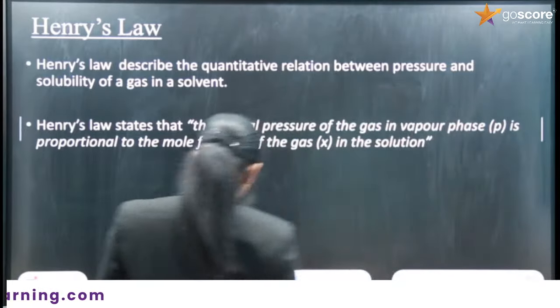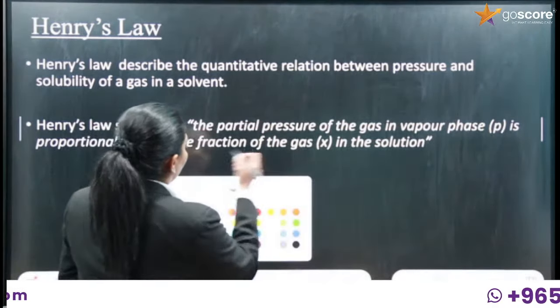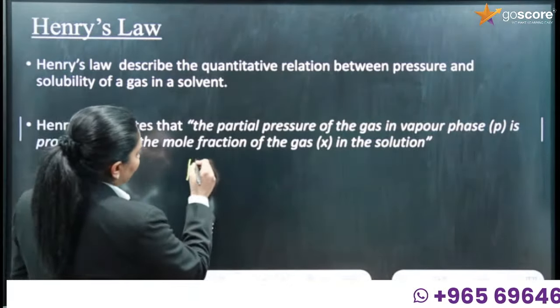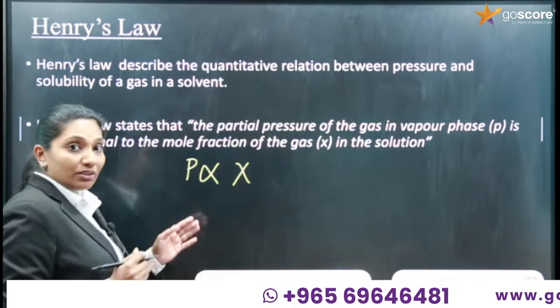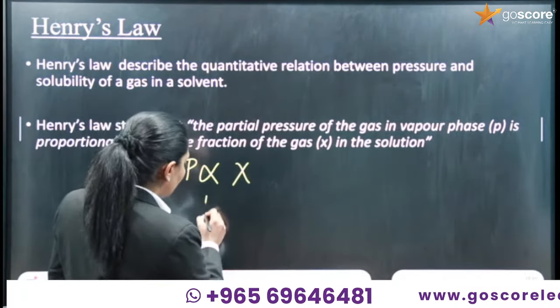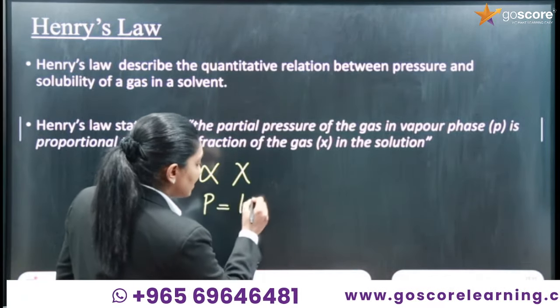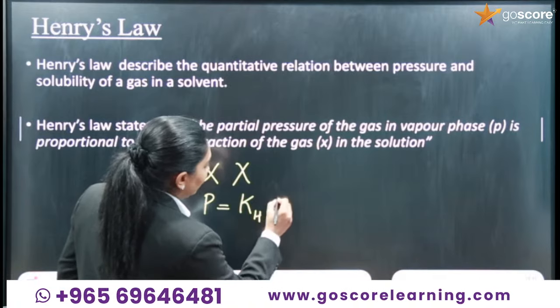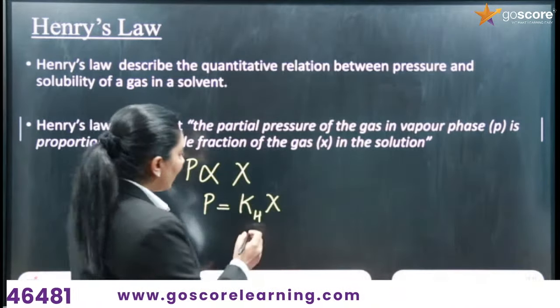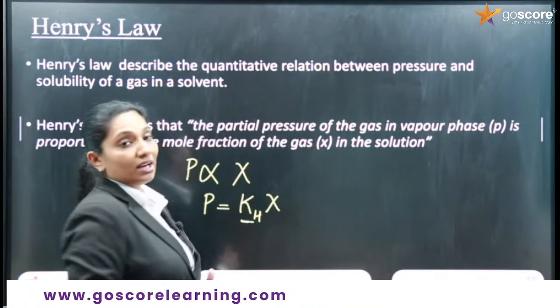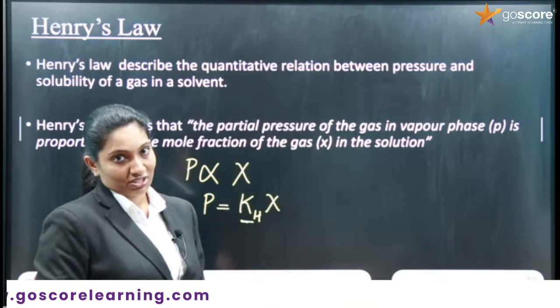So we can represent Henry's law as pressure is directly proportional to mole fraction. When we change the proportionality into equality, we get P is equal to KH into chi, that is the mole fraction. Here KH is the Henry's law constant.